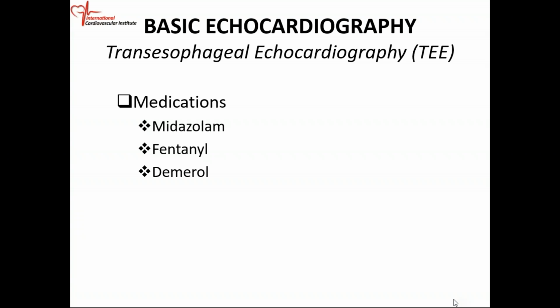Another thing that is gaining prominence is the Watchman procedure. The Watchman is an occlusive device that we put in the left atrial appendage to occlude it. This is usually in patients who have atrial fibrillation and have a great chance of forming clots in the left atrial appendage and then embolization.